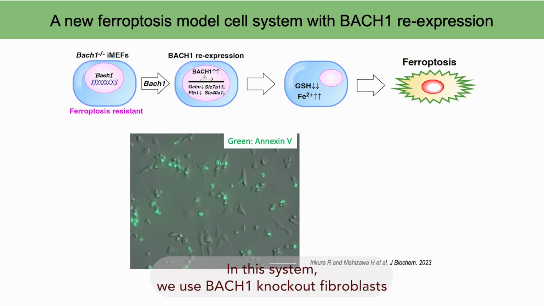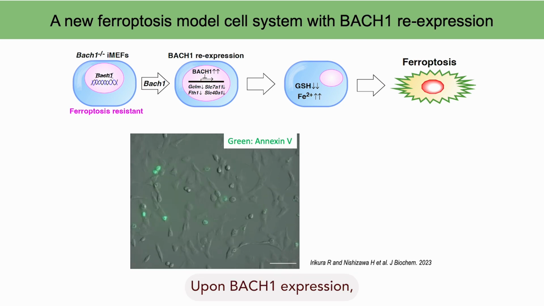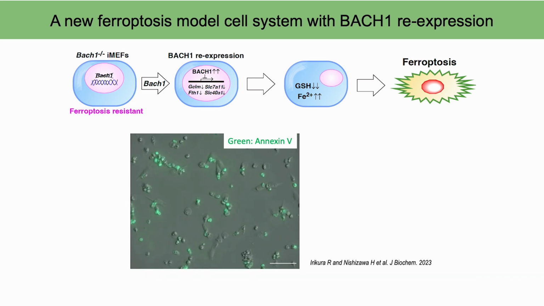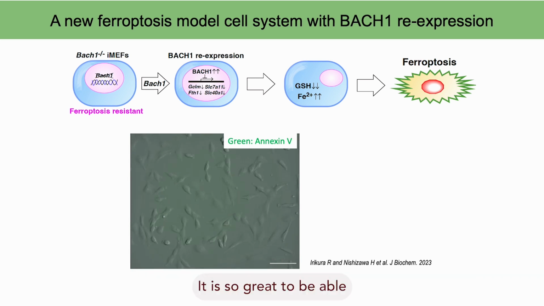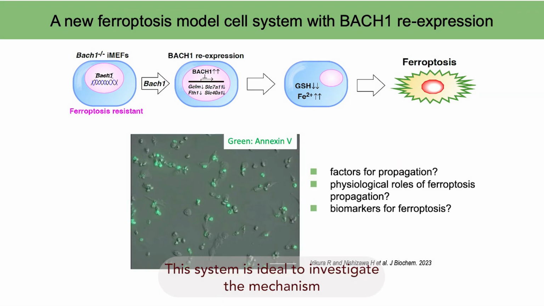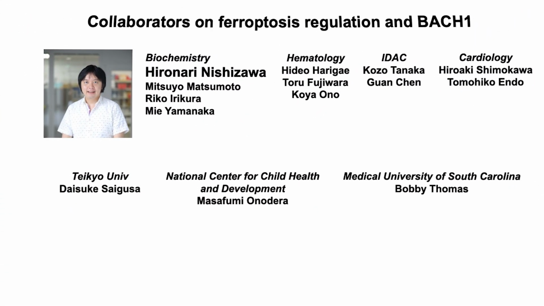In this system, we used BACH1 knockout fibroblasts and re-expressed BACH1. Upon BACH1 expression, these cells underwent rapid ferroptosis. It is so great to be able to induce ferroptosis without using drugs. This system is ideal to investigate the mechanism and biological significance of ferroptosis propagation. It may also be used to identify biomarkers of ferroptosis.